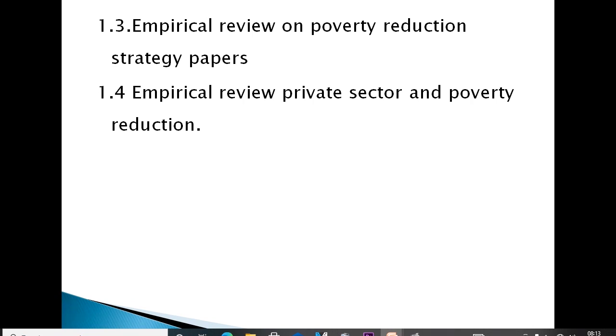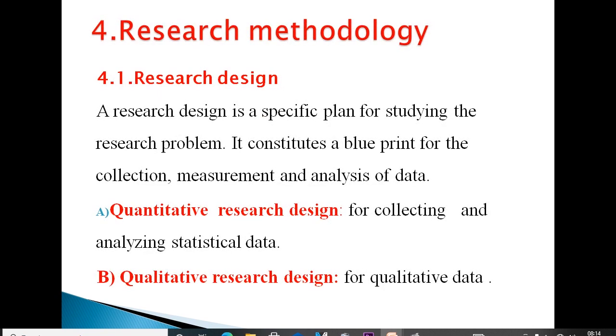All this can be the subtitles in your literature review based on our chosen topic.